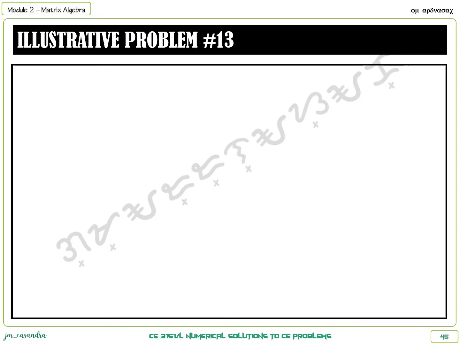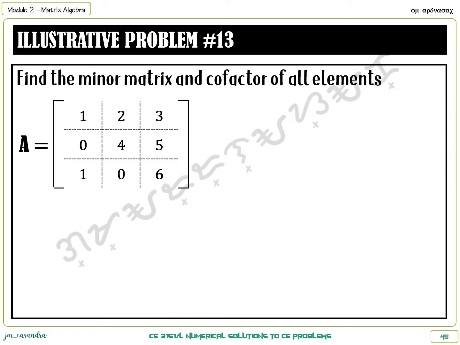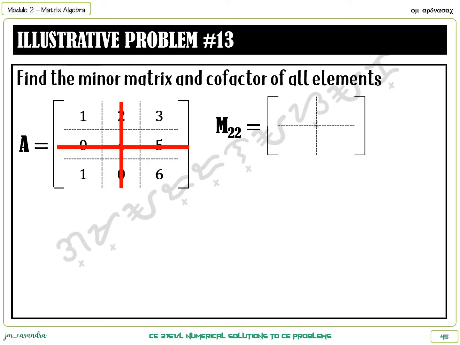So we move to the next element. We have element 2, 2. So remove now row 2 and column 2. The minor matrix for 2, 2 is 1, 3, 1, 6. A22 is equal to negative 1 raised to 4 multiplied to 1 times 6 minus 1 times 3.